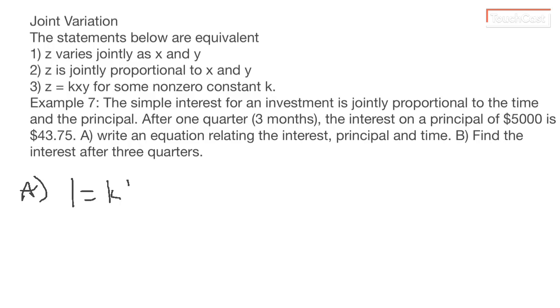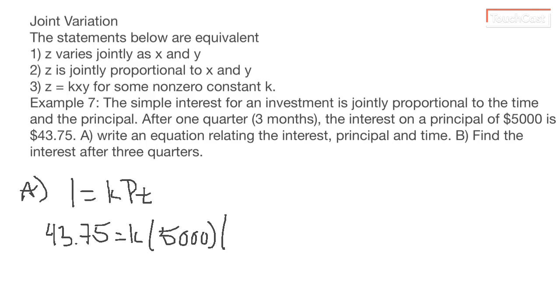But we don't know K. We do, however, know that the interest is $43.75. The principal is $5,000. And the time is 3 months, which as a fraction of a year is 1/4. So let's figure out what K is.